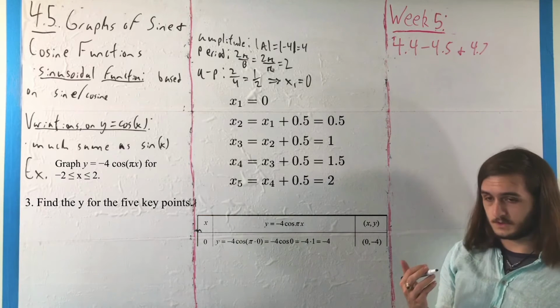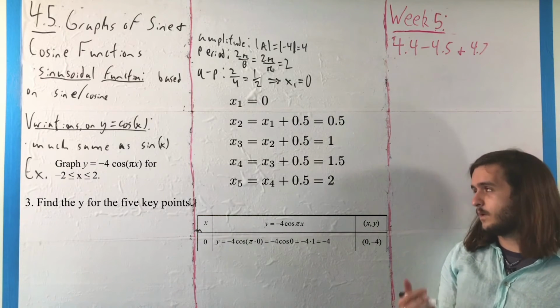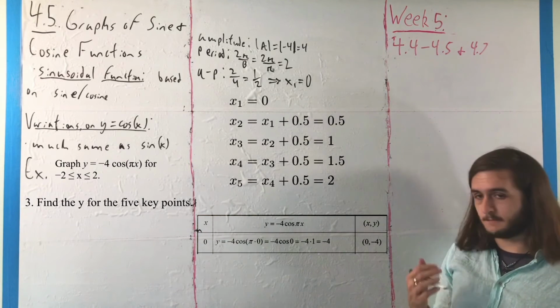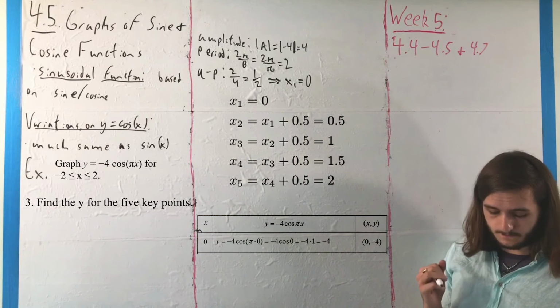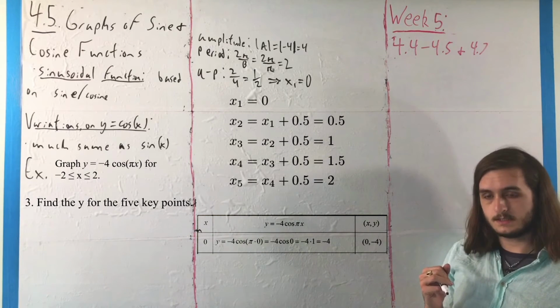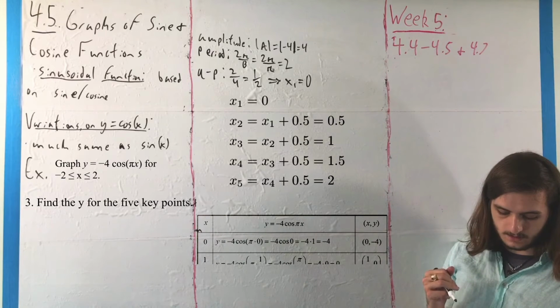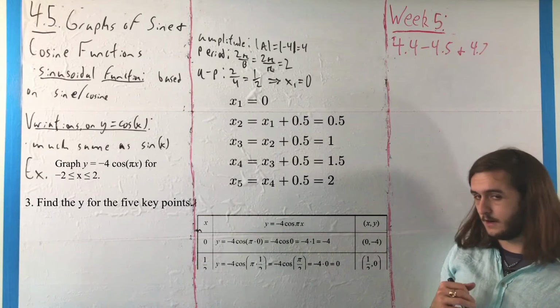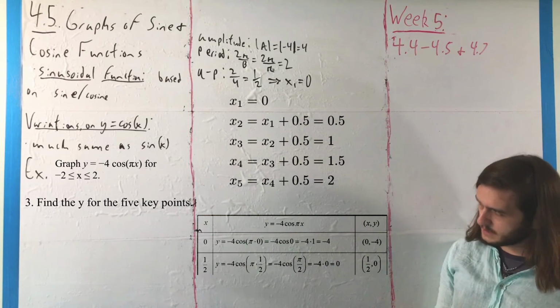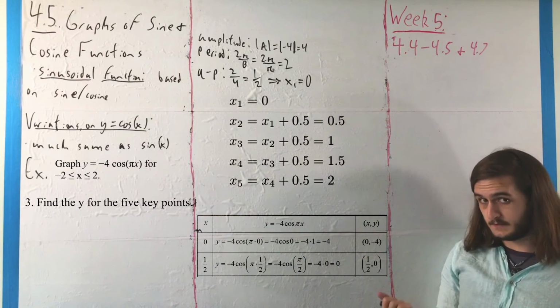So that's just cosine of 0 times negative 4. 1 times negative 4, so you get the point 0, negative 4 for that. For our second point at 1/2, you would be looking at negative 4 cosine of pi over 2, which would be 0. So we get 1/2, 0.